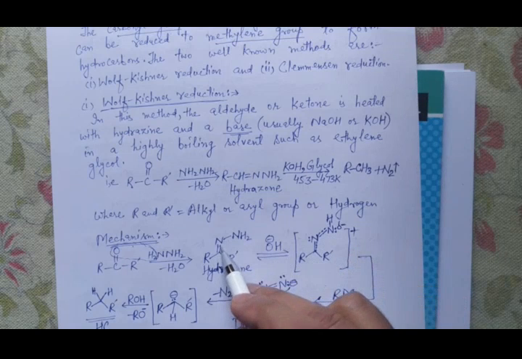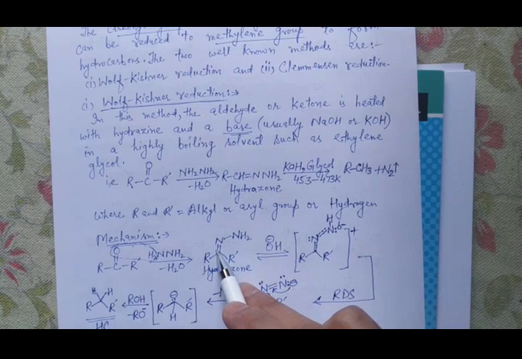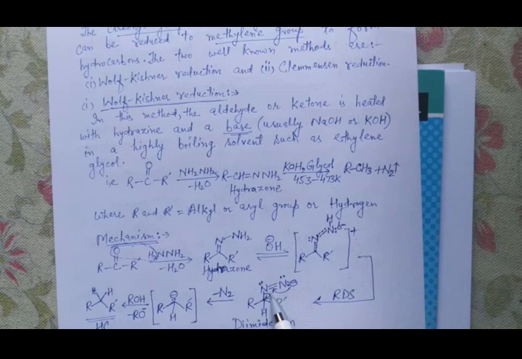Obviously we had a double bond between nitrogen and carbon. It means this dotted bond represents the breaking of this double bond, and this other one represents the formation of a double bond here, as is shown here.